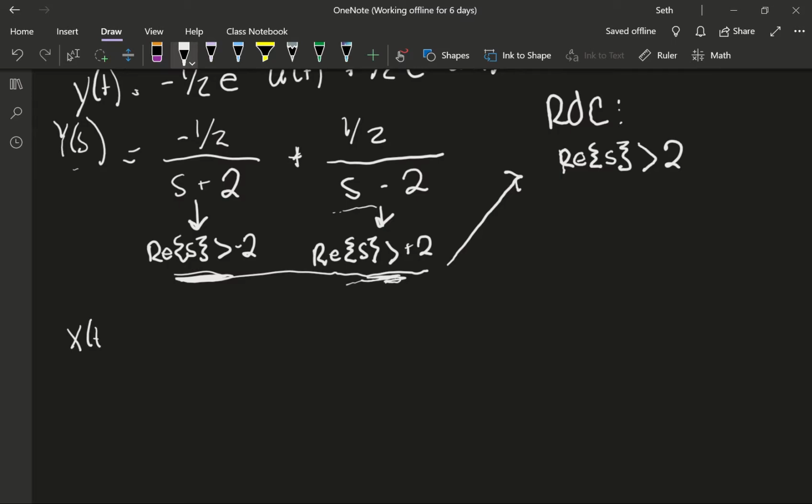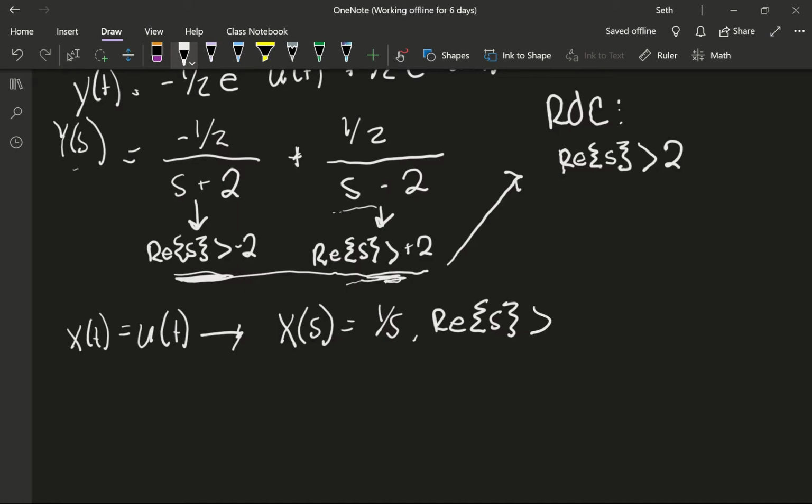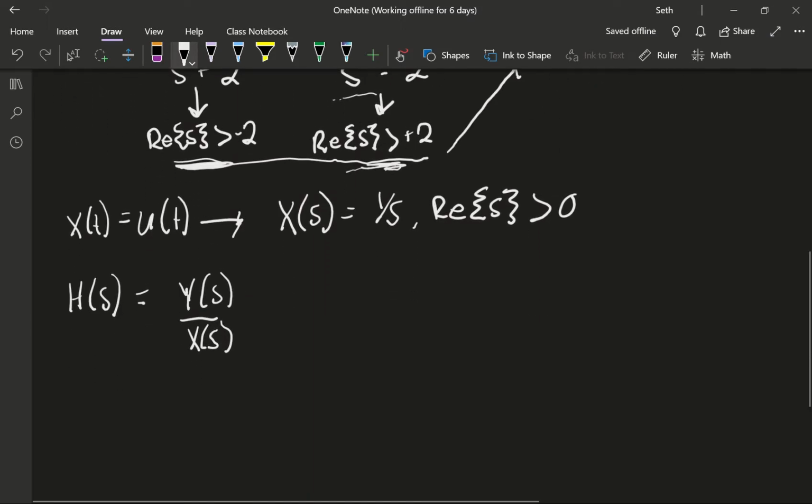Okay, now we can go ahead and write the Laplace transform for x of t when it equals u of t. It's just going to equal 1 over s, and this will converge for values of the real part of s greater than 0. Now we can write h of s equals y of s divided by x of s.